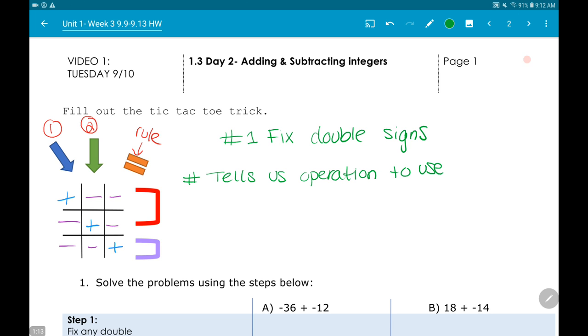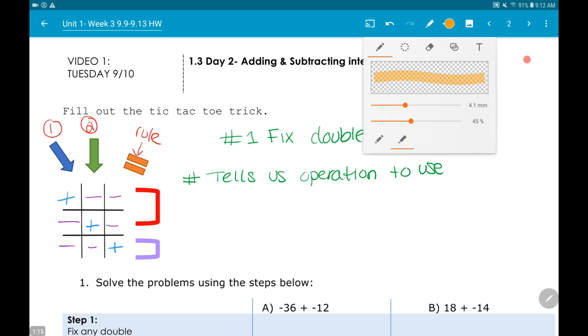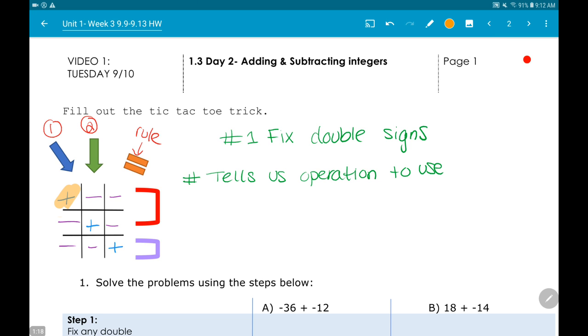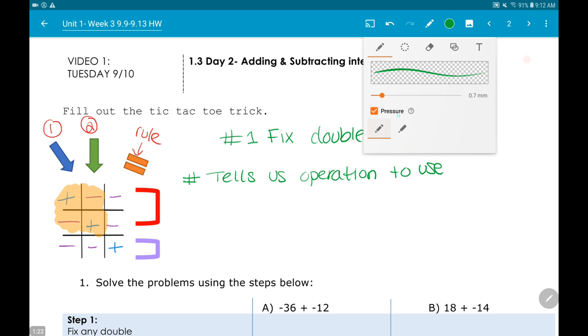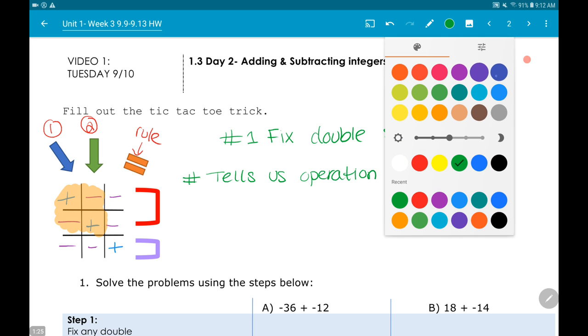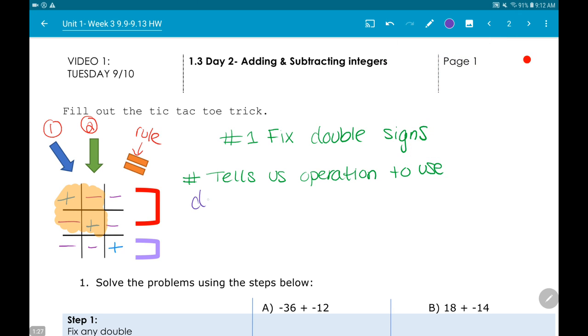To use. All right, so if I take a look at this first section here, I see that my first two rows contain different signs. Different signs tell us we are going to use subtraction or negative, same thing.